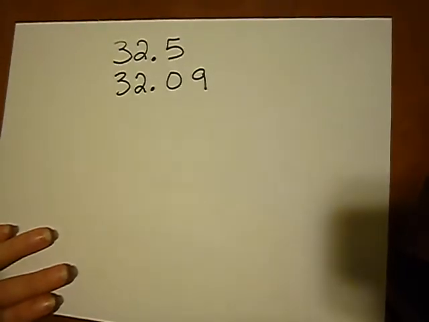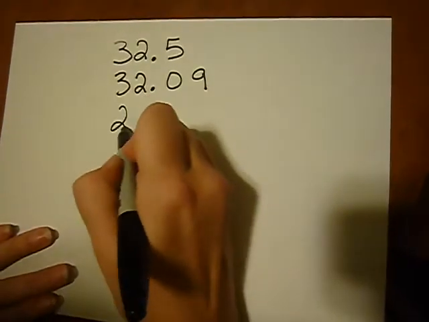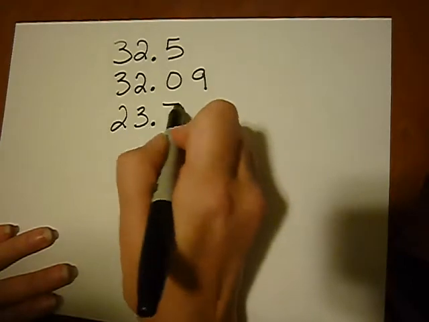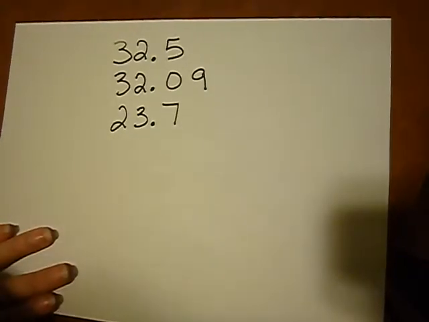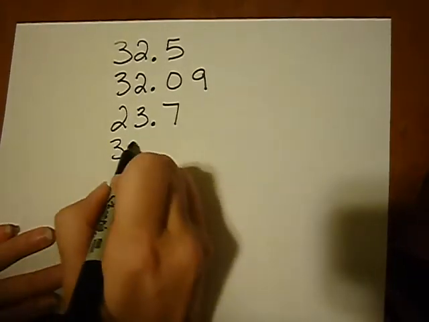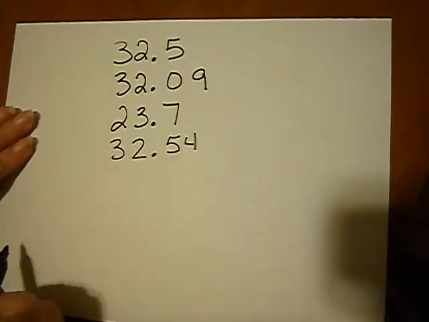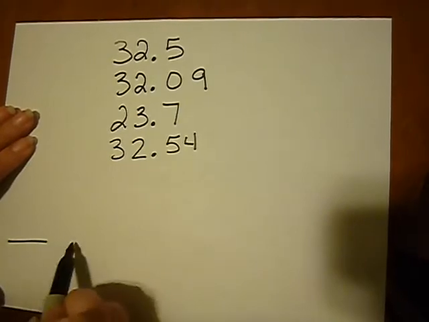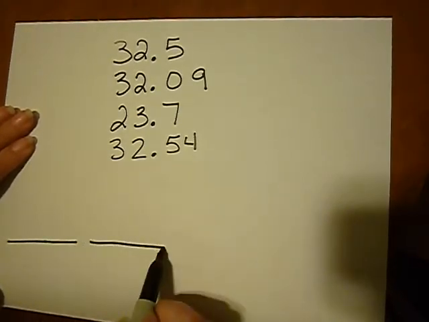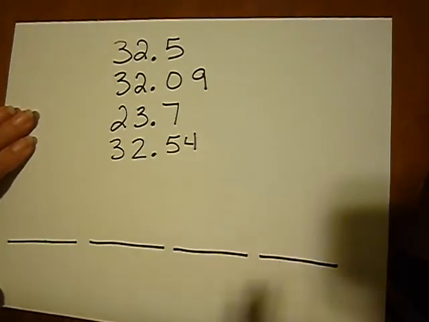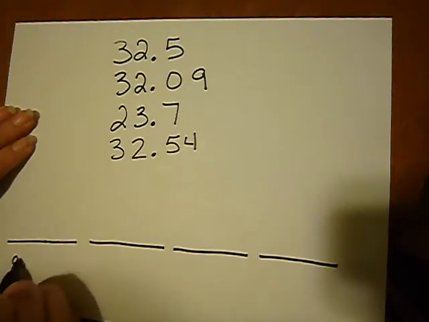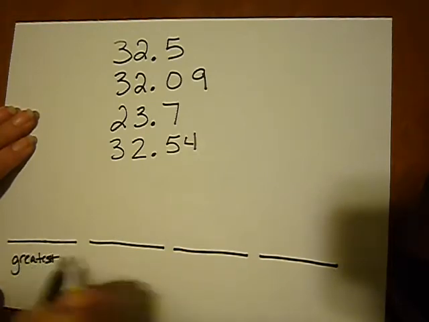My third one was 23 7/10. And my final one was 32 5/54. So I'm going to have 4 decimals. And I'm going to go from the greatest to the least.